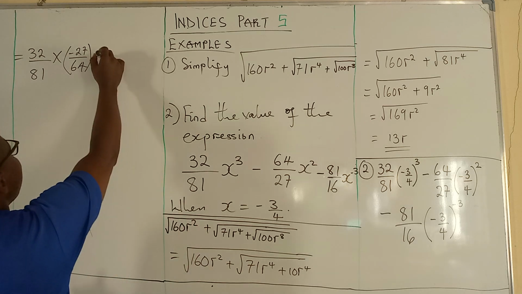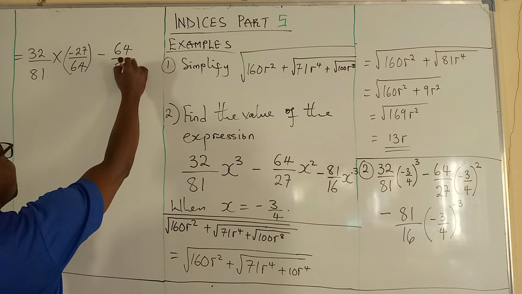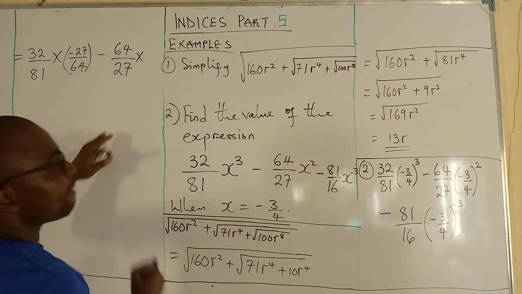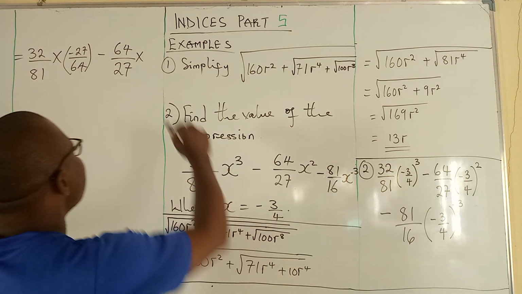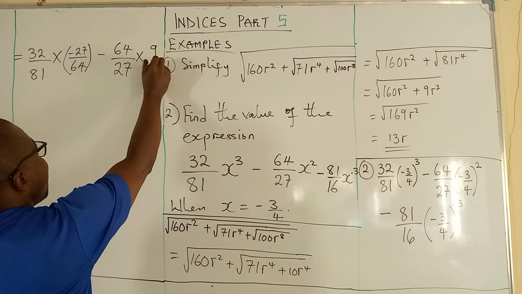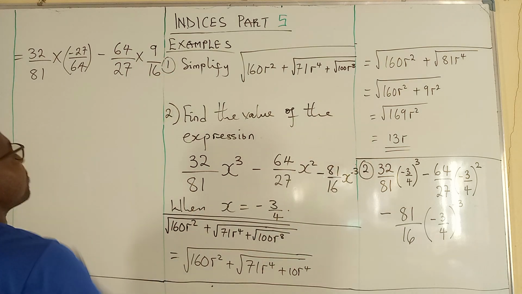And then minus 64 over 27 times minus 3 raised to power 2 is minus 3 times minus 3, which will give us 9 all over 4 raised to power 2 is 16.